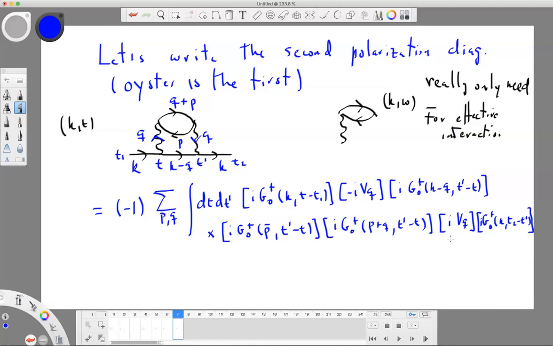So we now define the Fourier transform. The Fourier transform in KT space is going to be defined by 1 over 2 pi, the integral d omega, e to the i omega t, then G0 plus of K and omega.